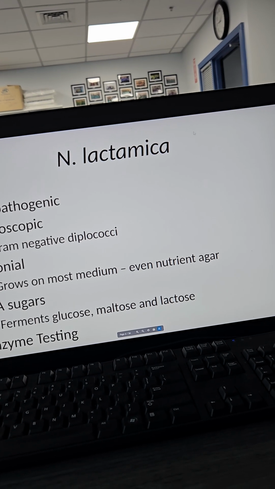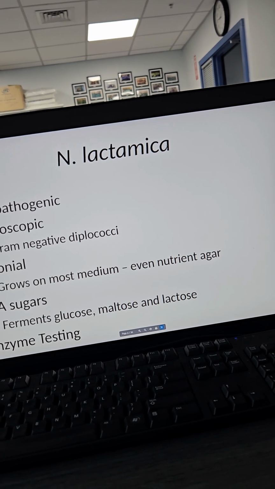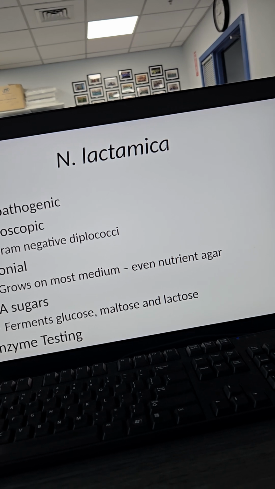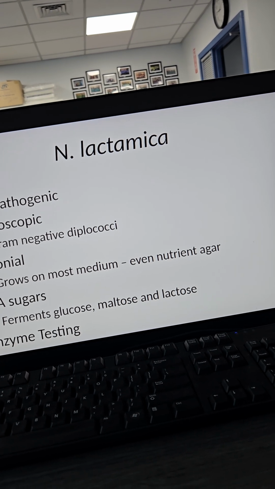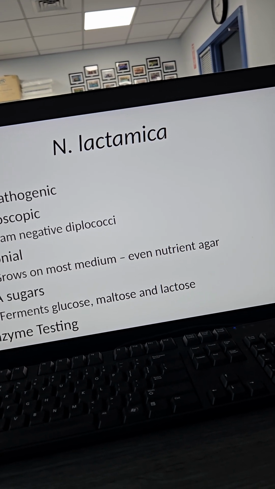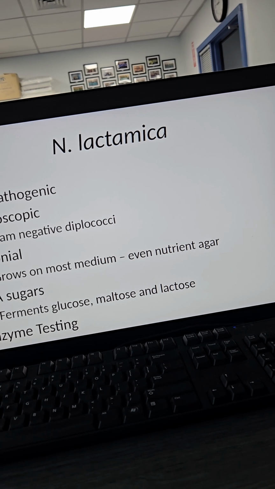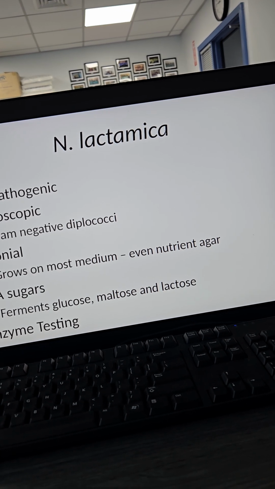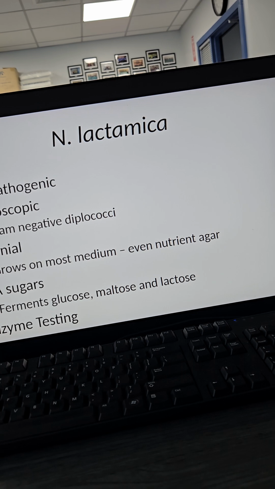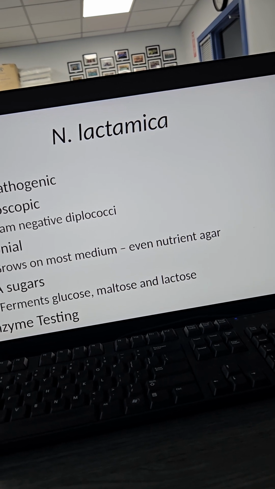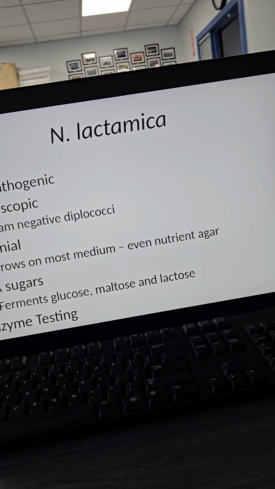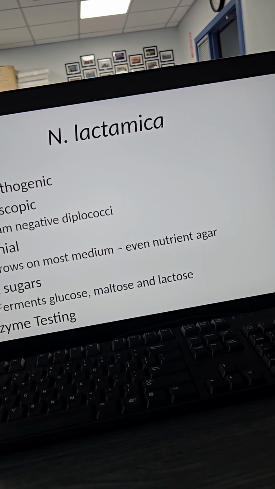But some of these tend to be identified as meningitidis instead of lactamica because they're late lactose fermenters.